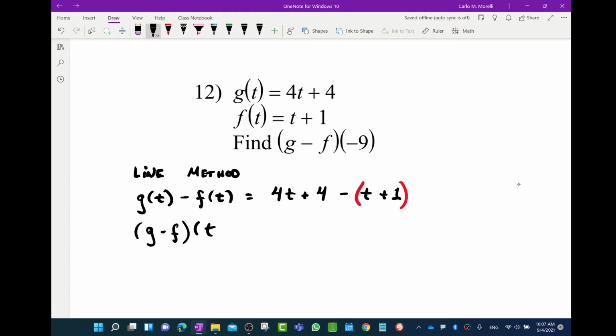Okay, I wrote x over here, I meant t, equals 4t plus 4 plus, and then you go off to the side, you're going to write -1, okay, in parentheses. And then you're going to open parentheses and write t plus 1. And then you're going to close those parentheses off. And that is going to tell you what you need to do, right? You got to distribute that -1. Otherwise, this whole thing falls apart.